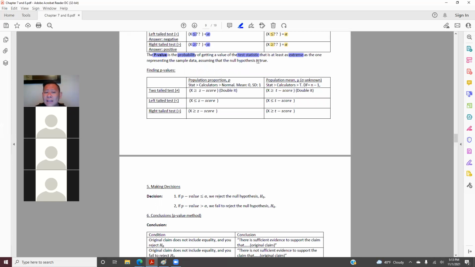Another way that I can explain the p-value in this class is, let's say I have a deck of cards, and I want you to figure out the probability of getting a red card. A deck of cards is 50-50, 26 red and 26 black cards, right?